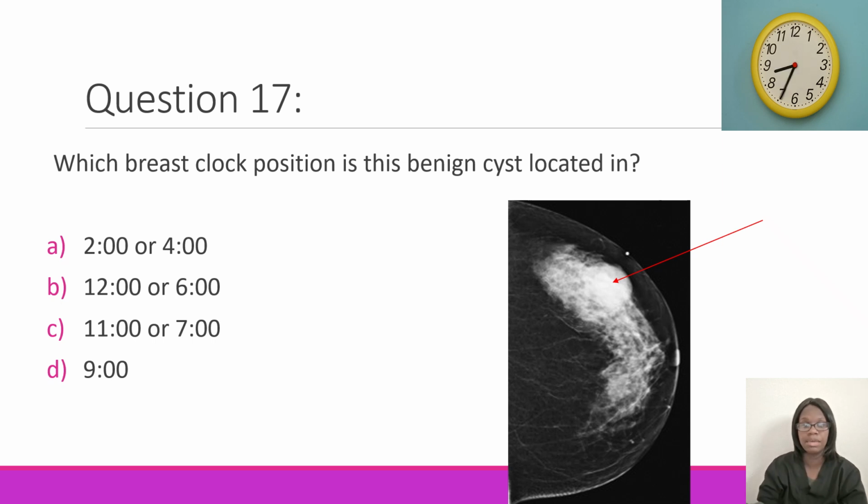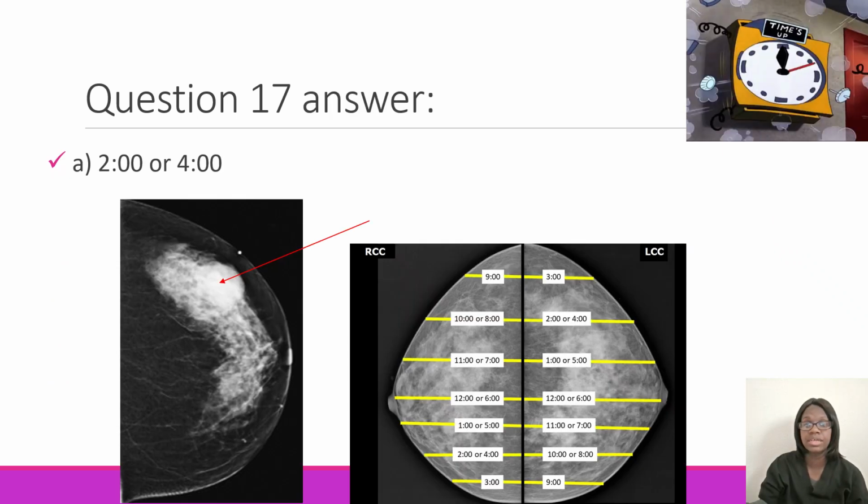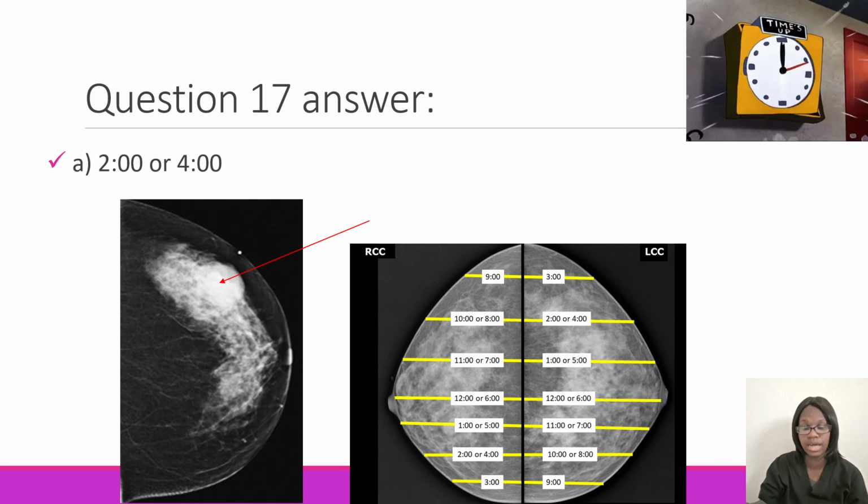And just keep in mind this is your left breast, so you can feel your left breast and feel where the upper outer quadrant is and go from there. That's a hint. Okay, the correct answer is either 2 o'clock or 4 o'clock.